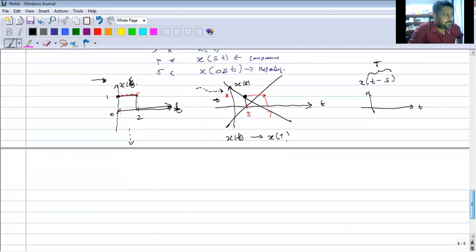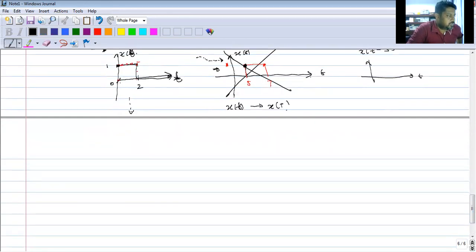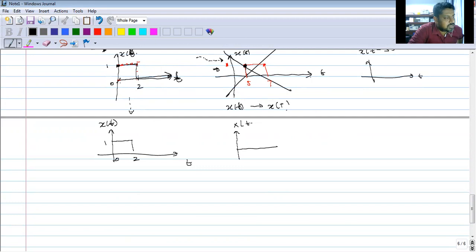So now we have x(t), x simple t. This is simple t and this is t. So our signal is like this, 0 to 2, 1. Now we want to draw x(t minus 5).